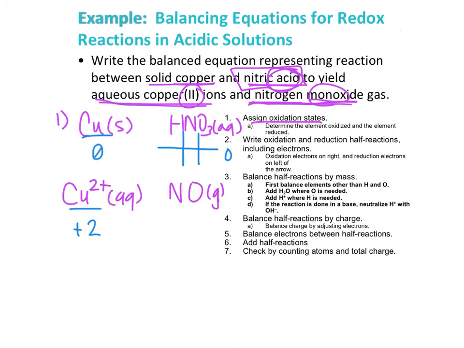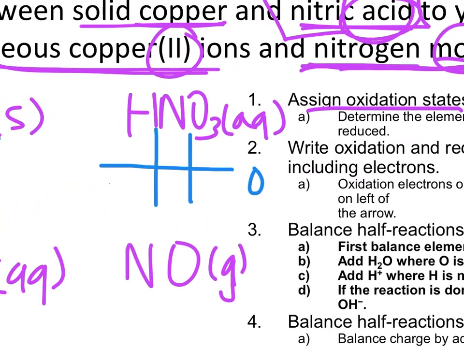Overall, the oxidation numbers for this are going to equal 0. There are 3 oxygens, each of them is -2, so in total they contribute -6. Each hydrogen right here is +1 since it's not bonded to any metals.